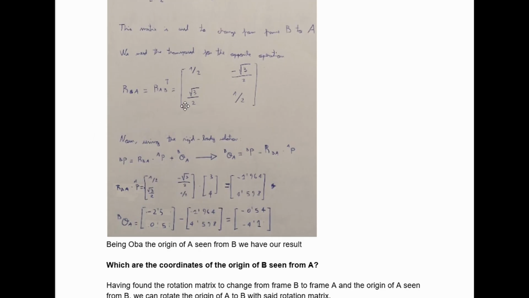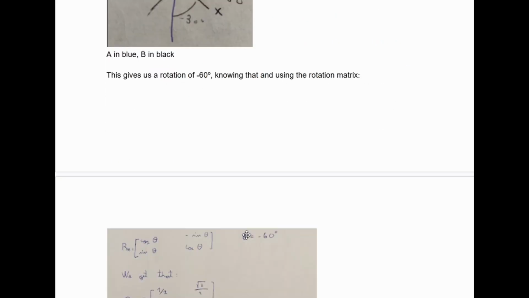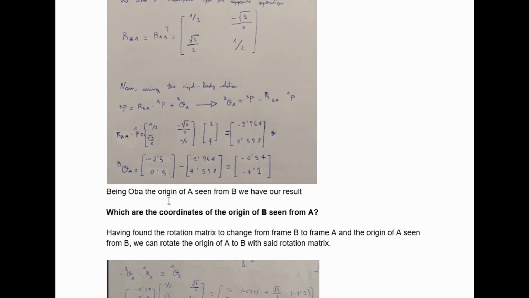Then I use the rigid body relation to find the origin of A seen from B. The result applying the equation is that the origin is at minus 0.54 and minus 4.1.